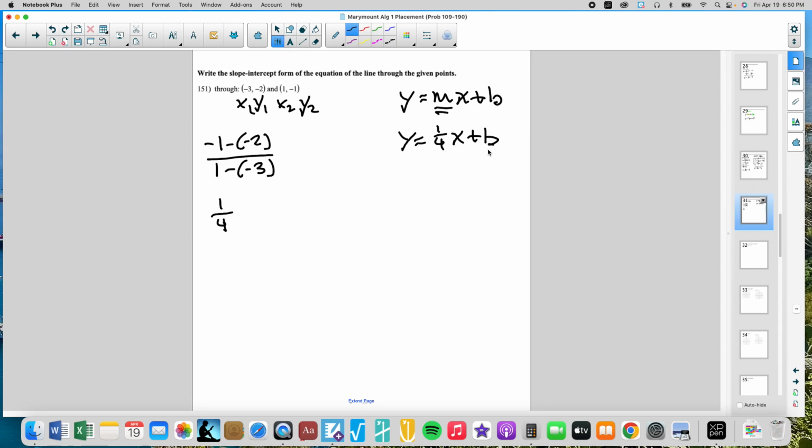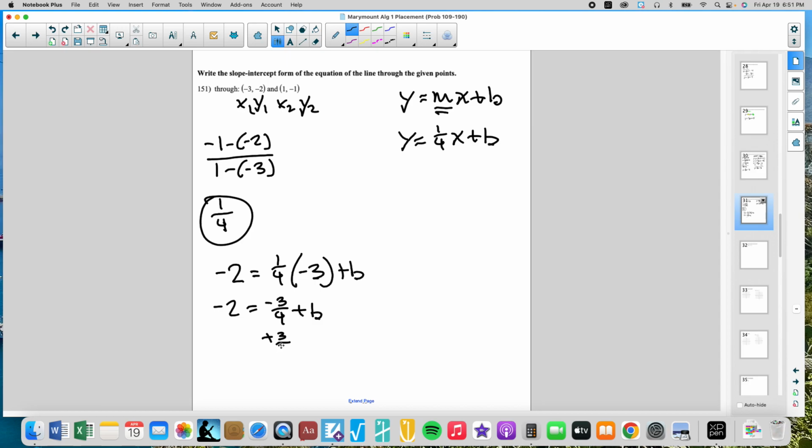Now I've got to find the b value. I can plug into that formula, since x and y represent a point, so I can take this equation and take a point. I'll take the first point: -2 equals 1/4 times the x value, which is -3, plus b, because that's what I'm looking for. -2 equals -3/4 plus b.